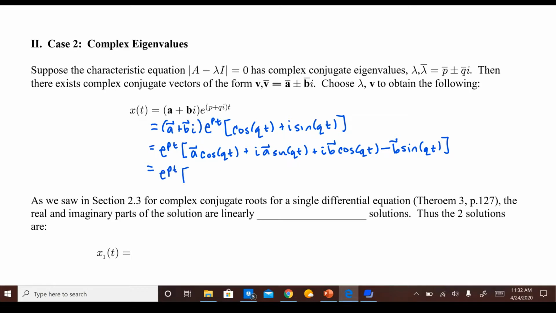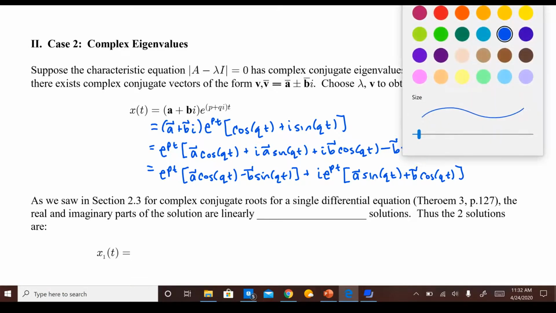So starting with the real parts, we have a cosine qt minus b sine qt. That's going to be the real part. And then for the imaginary part, we're also going to factor out the i. So leftovers inside brackets here would be a sine qt plus b cosine qt.